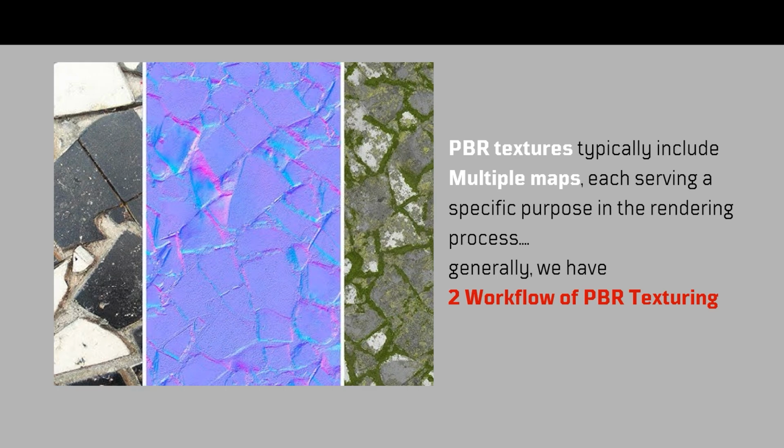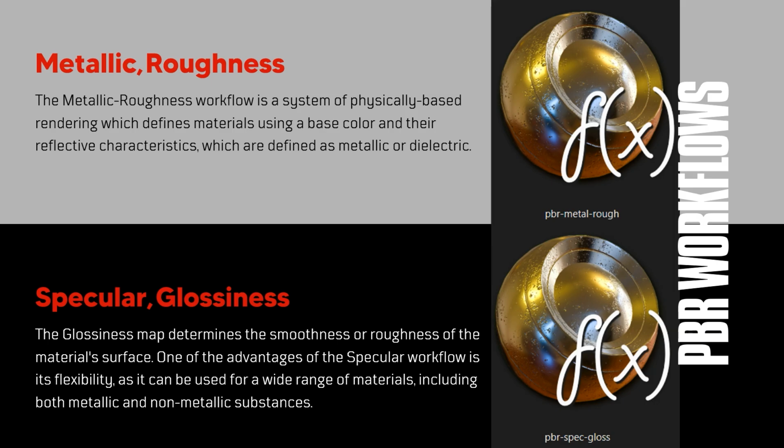PBR textures typically include multiple maps, each serving a specific purpose in the rendering process. Generally, we have two workflows of PBR texturing: metallic roughness and specular glossiness.